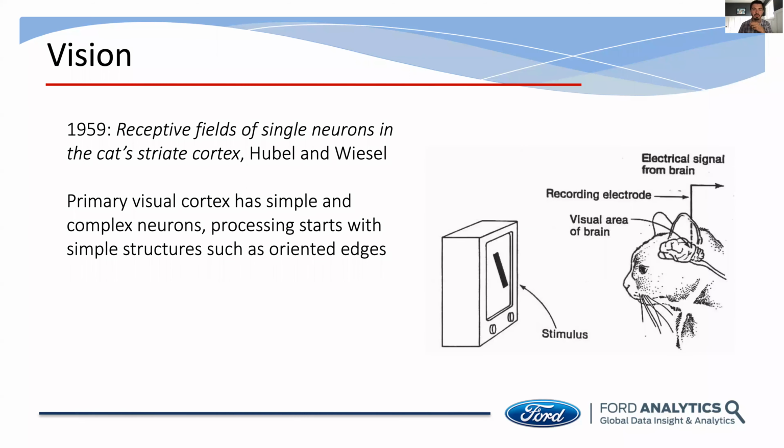And that information was then fed to more complex neurons that would aggregate some of this information and presumably put together some more complicated structures. Another important observation made there is that these simple neurons that were detecting sharp edges had small receptive fields, meaning that one individual neuron would only fire when it saw an edge in a particular part of your field of vision, or at least in the case of this cat.